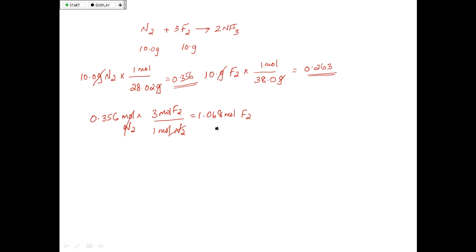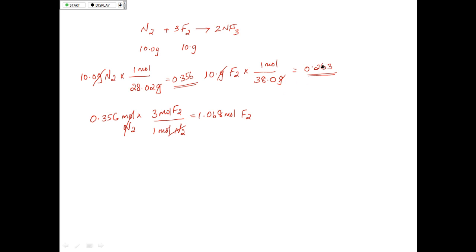What is your logic now? When you look at these two numbers, it won't just tell you anything. You have to think that through in your head. You need this much fluorine, but you have only this much given, right? So what you are given is less than what you need.